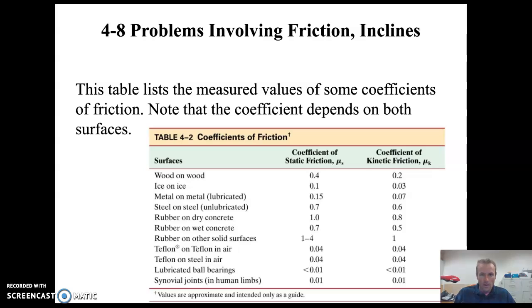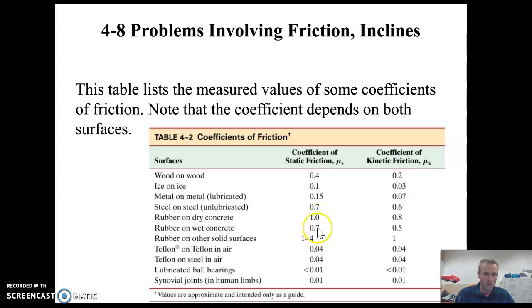where it drops. So some other surfaces, just to give you a sense of these values, on the really, really small end, synovial joints in human limbs have just this amazing low coefficient of friction. Human body physics is pretty cool stuff to study. Teflon, rubber on wet concrete, we would expect that to be pretty high, and even higher if the concrete is dry.